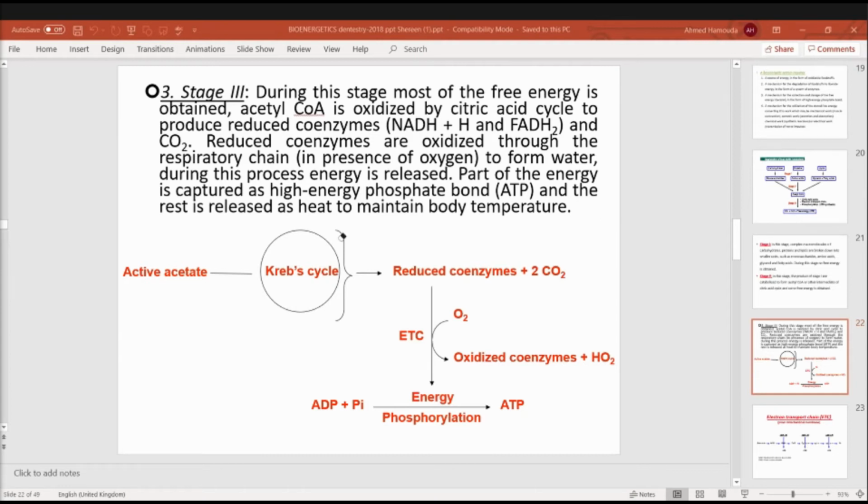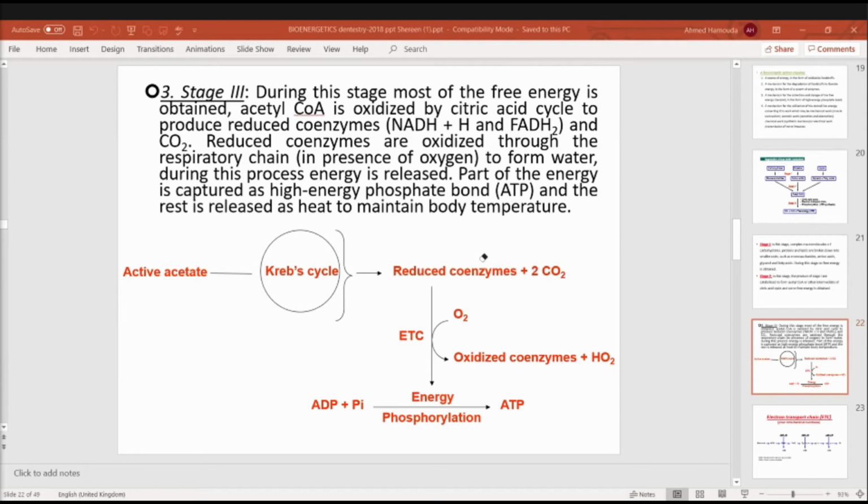So you have acetyl-CoA here. It gets into the Krebs cycle you did in carbohydrate metabolism. You get reduced enzymes. These are those I mentioned. Reduced enzymes are the NADH plus H and the FADH2. What does reduced mean?